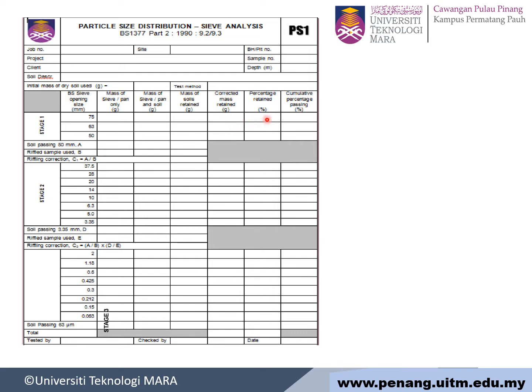The percentage retained is the corrected mass retained divided by the initial mass used, times 100. Cumulative starts from 100%, and you subtract the percentage retained to get the cumulative percentage passing, from 100% down to maybe 0%.